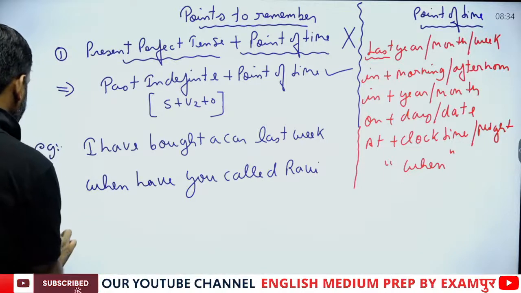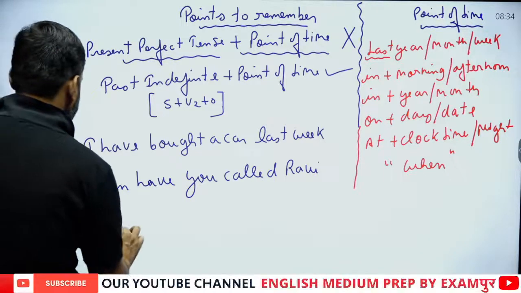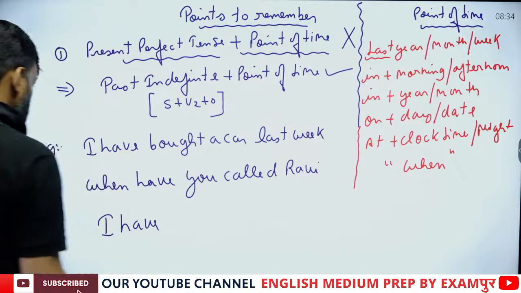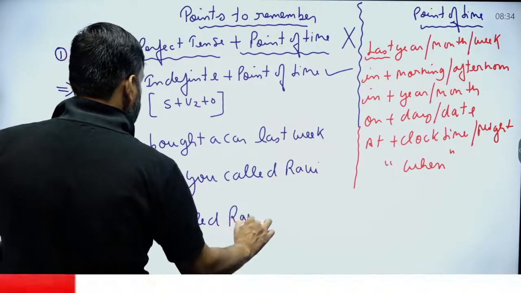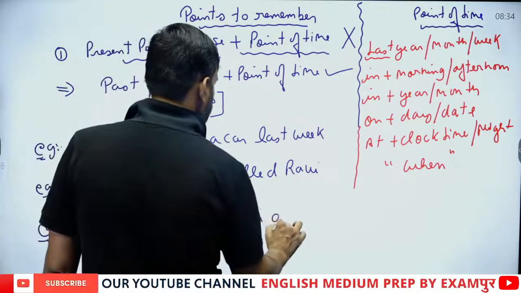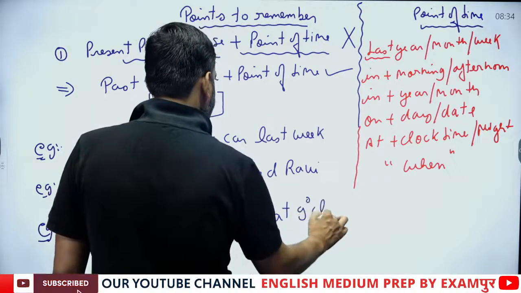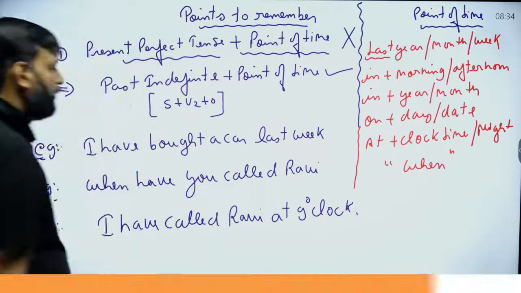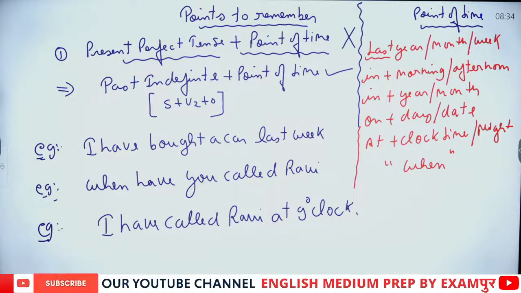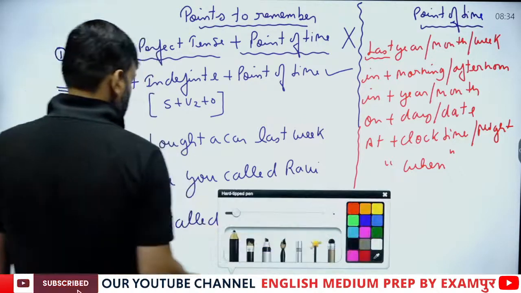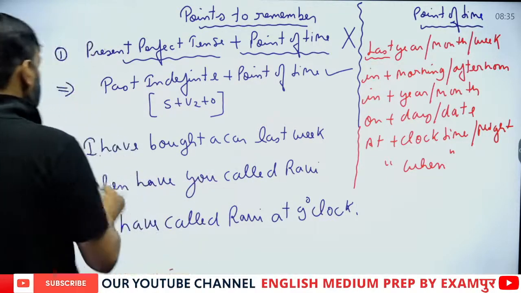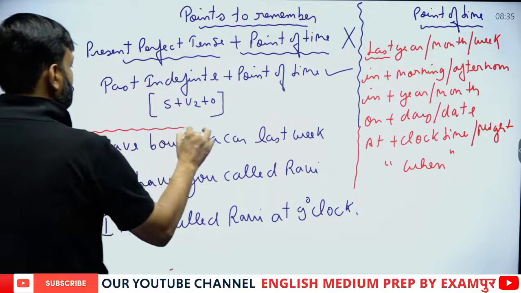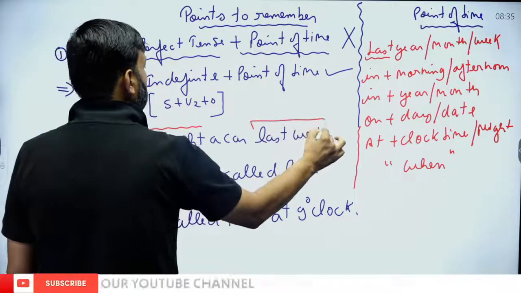Or if I write, I have called Ravi at 9 o'clock. So here we have three examples. All three sentences are present perfect. I have bought a car last week. So here this sentence is present perfect with point of time.